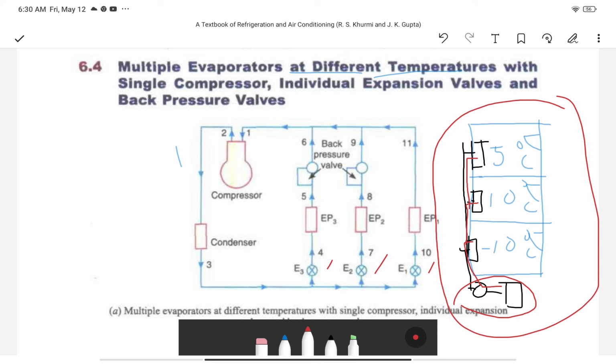And then you have one compressor, with suction at point 1 and discharge at point 2. It goes back to the T junction here. Call it now 4.